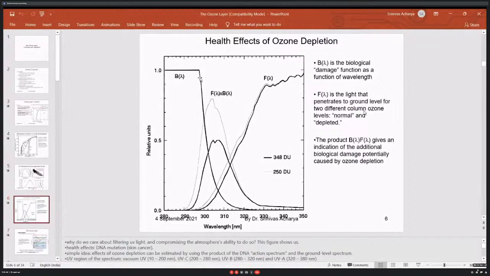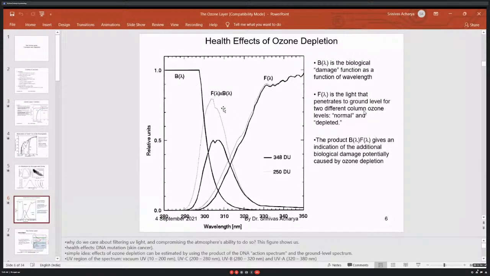Sir, one Dobson unit is equal to? 0.01 millimeter. Okay. Here you can see the biological damage is a function of the product of the light energy penetrated through the ozone layer and the biological damage that occurs.